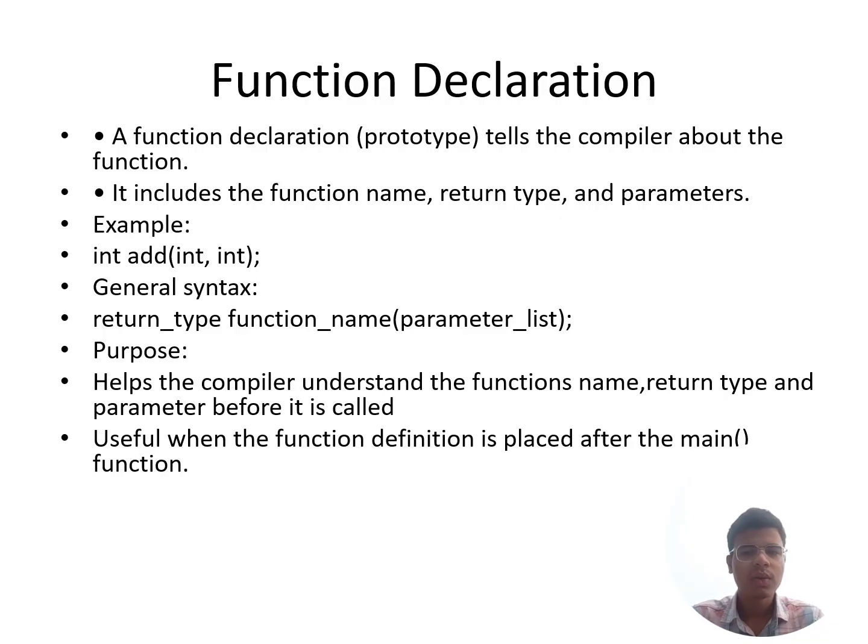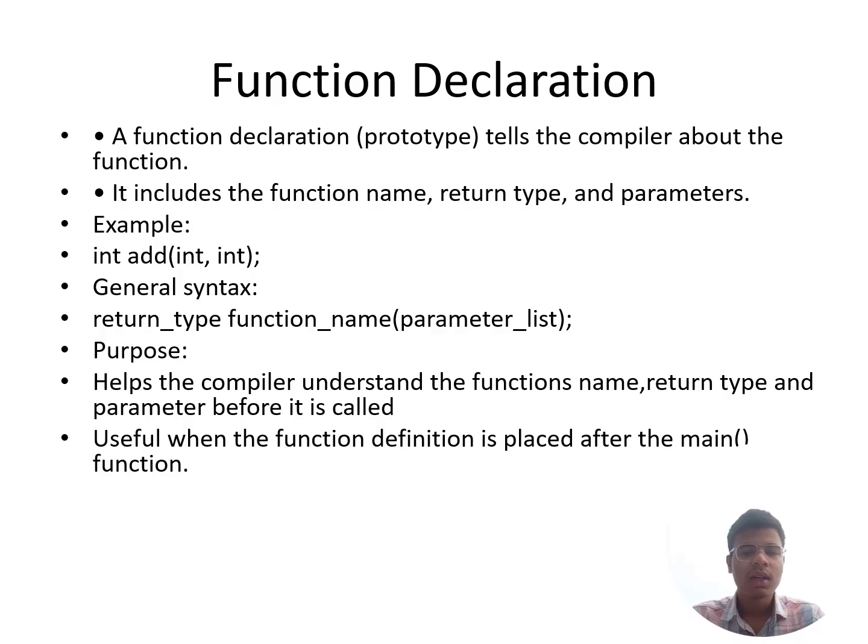function declaration, also known as a function prototype. It is a statement that tells the compiler about a function before it is used in the program. It provides important information such as the function name, return type, and parameters, but it does not include the function body.